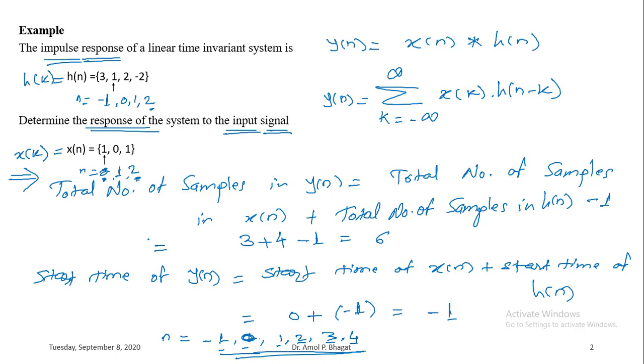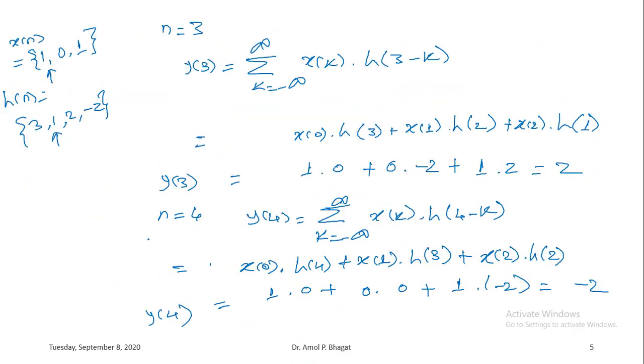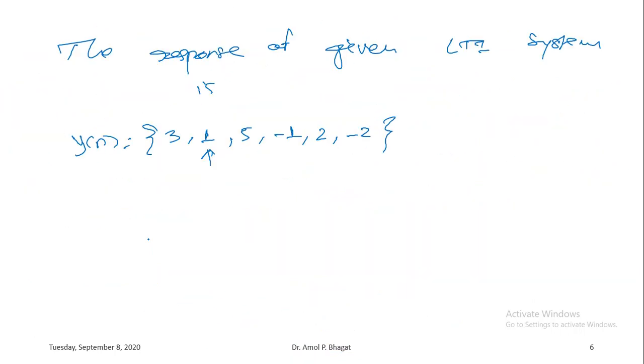The matrix method you will use only for verification of your answer. If the problem is asked for 2 marks, then you can use the matrix method.